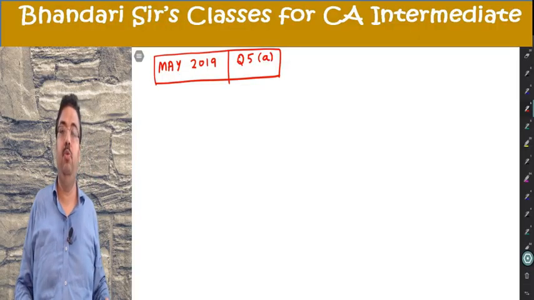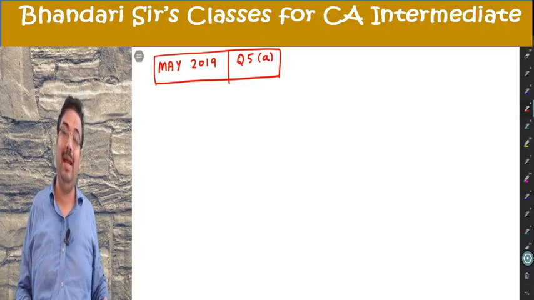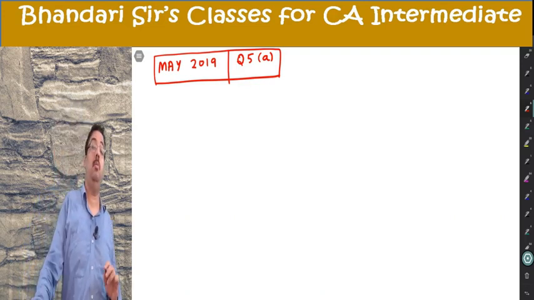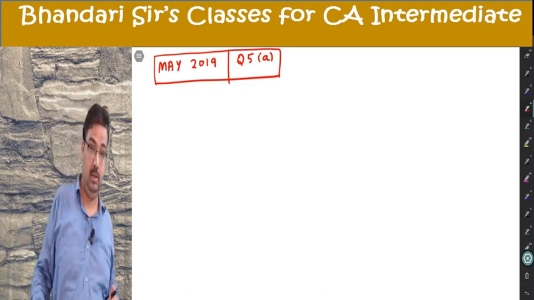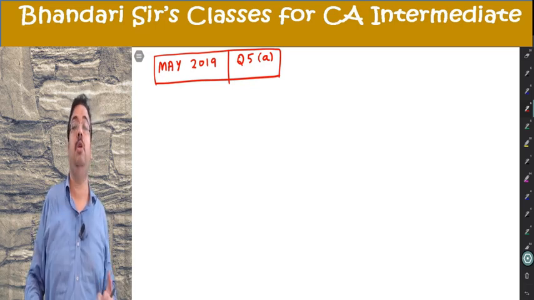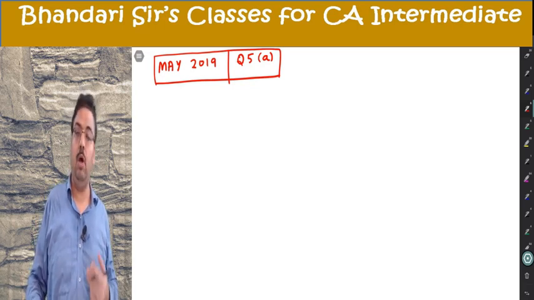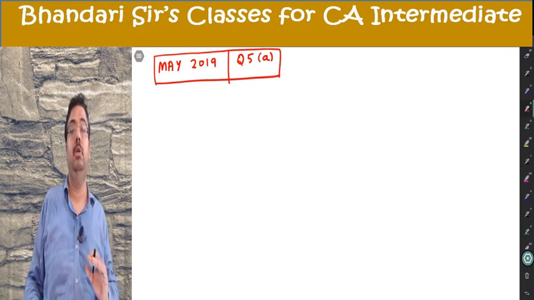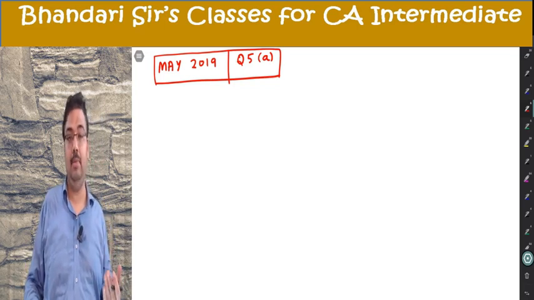The next question we reach is May 2019 question 5A. Although it is question number 5, it was asked for 5 marks and it is a wonderful question for 5 marks. One part is very simple, the second part requires lots of technical calculation to reach the ultimate.